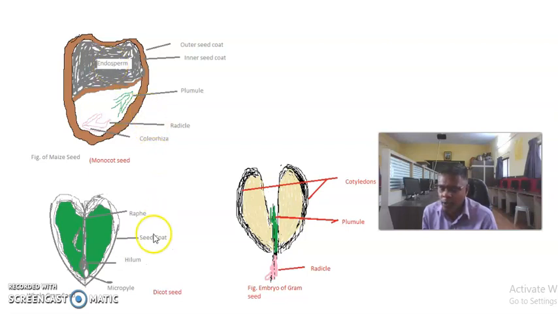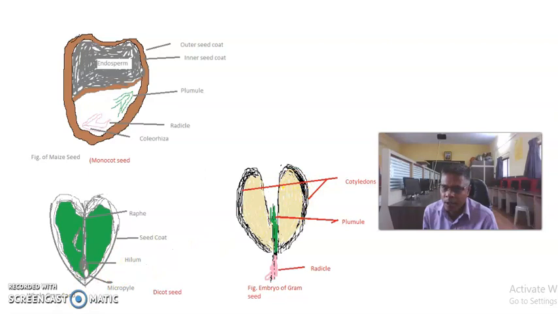And in dicot type seed like pea, the proteins begin to accumulate, and these proteins are most important in the nutritional quality of the seed.